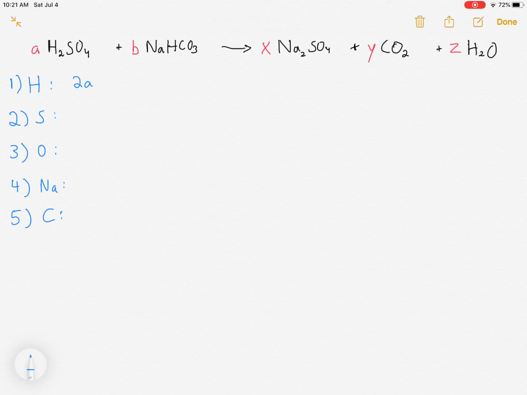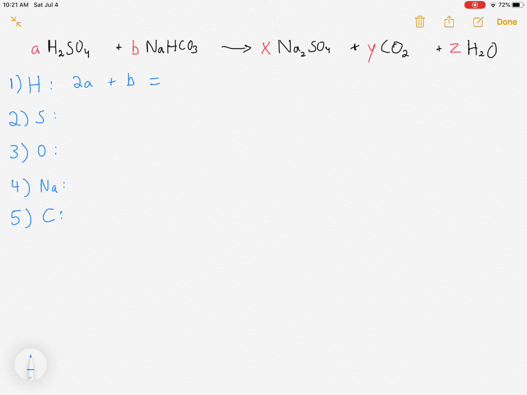And then we'll look at B. How many hydrogens are in sodium bicarbonate? There's 1. So I'll say plus B. Again, 1-to-1 ratio, so we don't need to put a coefficient in front of the B. Now equal sign.